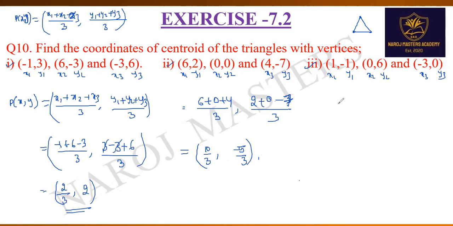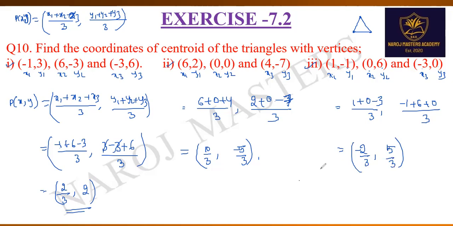And for the next question, x1 plus x2 plus x3, so 1 plus 0 minus 3 by 3 comma y1 plus y2 plus y3, minus 1 plus 6 plus 0 by 3, that equal to 1 minus 3 is minus 2 by 3 comma minus 1 plus 6, that is plus 5 by 3. So these are the centroids of each individual triangle.